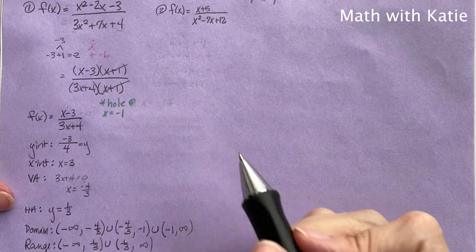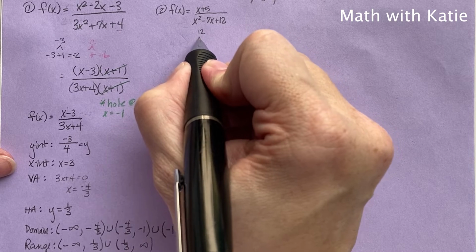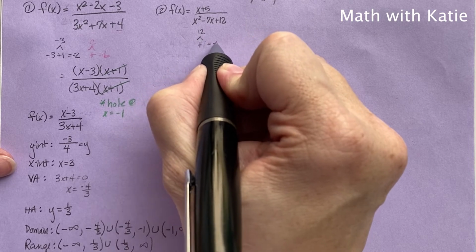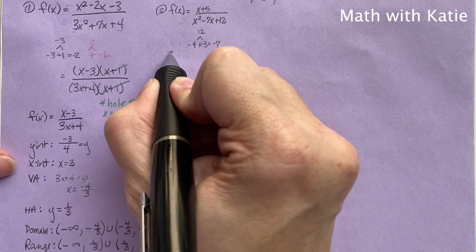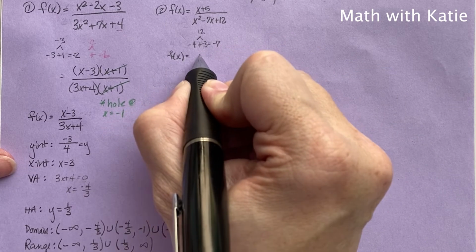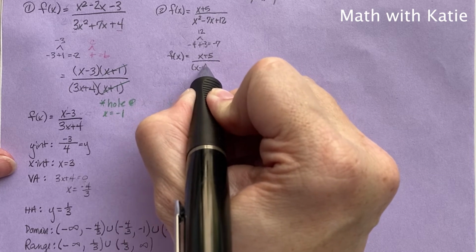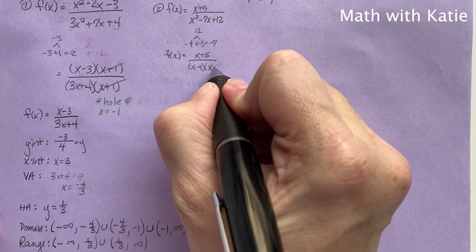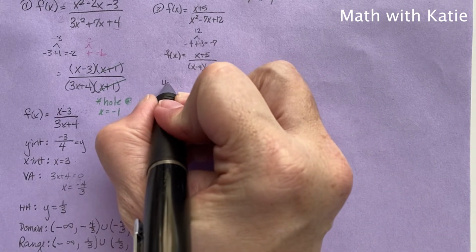Okay, and first things first is go ahead and factor. So factors of 12 that add to -7, so it'll be -4, -3. x plus 5 over x minus 4, x minus 3. All right, so next thing we do is find our y-intercept.